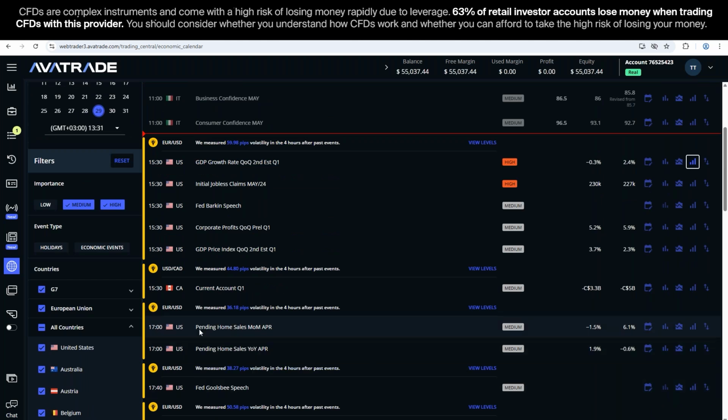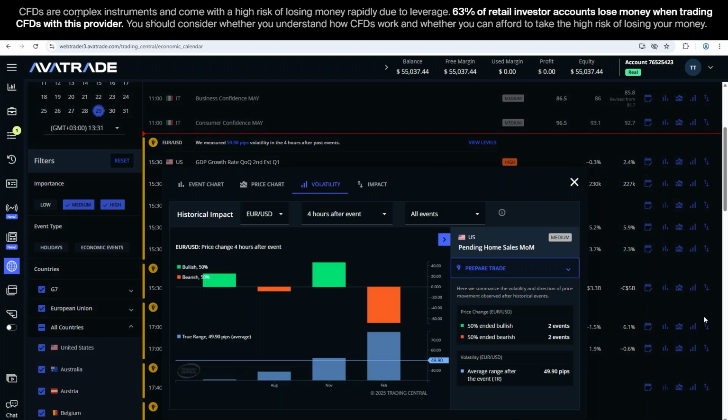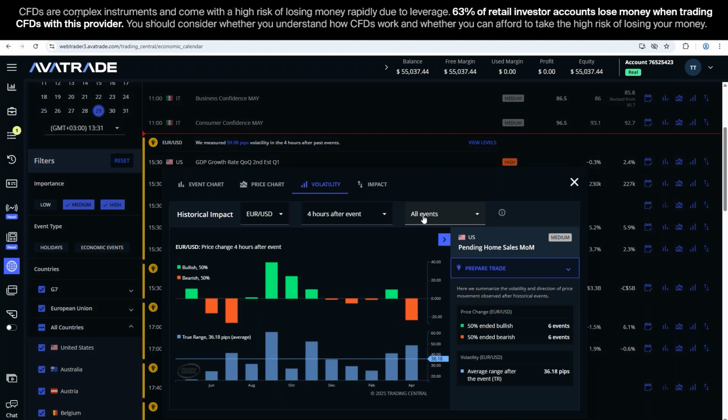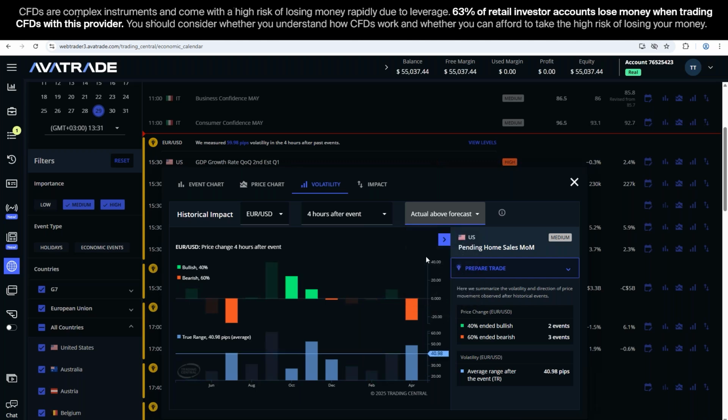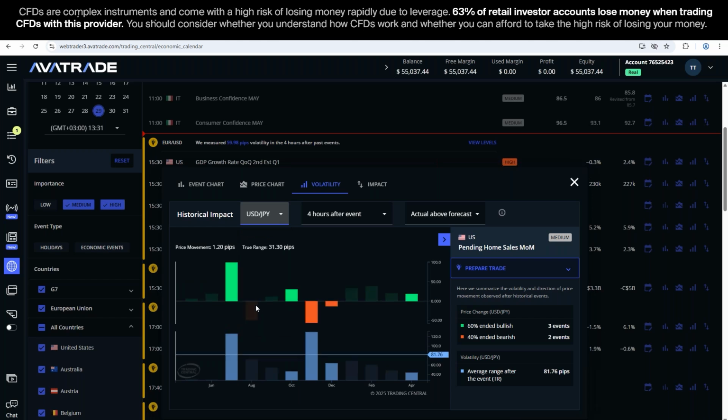And so we see pending home sales coming in. We can check those. What effect did the home sales data have on the movements? And so we can say if it came in above forecast, looks like USD tended to strengthen slightly. And you can check other pairings. So I can say maybe USD JPY or some other pairing had stronger statistics.